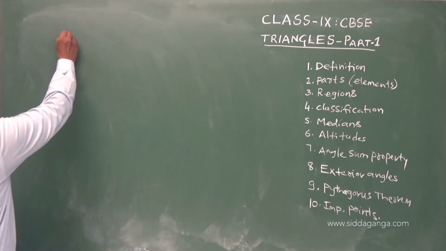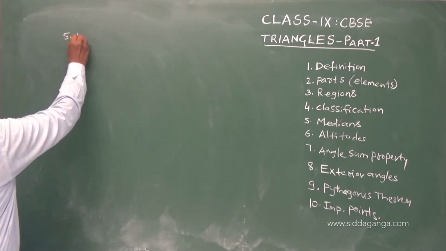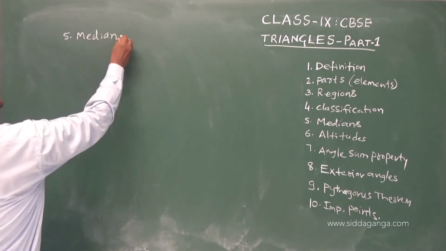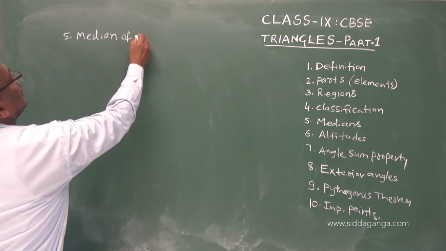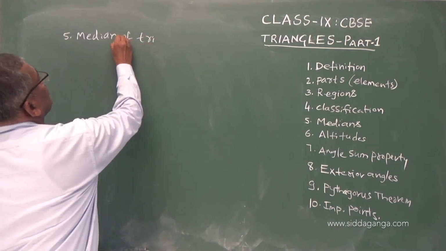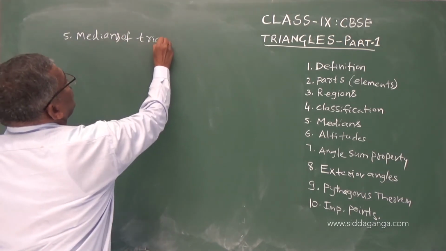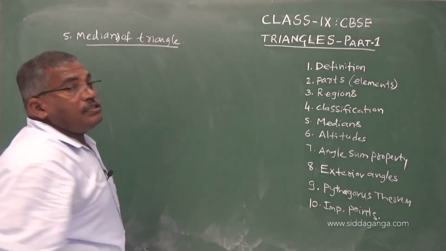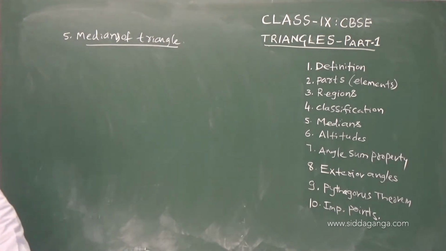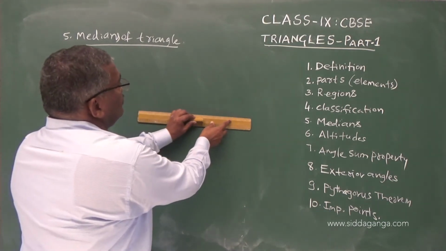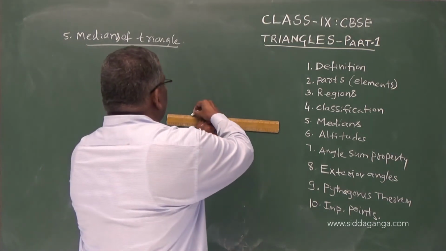Fifth one, median. Median of a triangle. You can say medians, of course, medians of a triangle. So what is a median? Suppose we have a triangle ABC. Let me write the triangle.